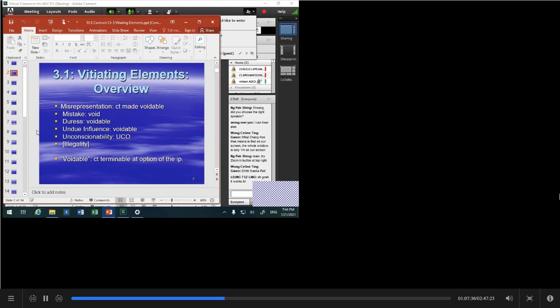Also, it's interesting, if you are saying you're somebody who you are not, that is also a misrepresentation, because you are making a false statement of fact. You're doing it not by words but by action, and that would induce the other party to enter into a contract with you. So unilateral mistake is also a misrepresentation. What type would it be? Would it be fraudulent misrepresentation, because you're saying you're somebody who you are not?